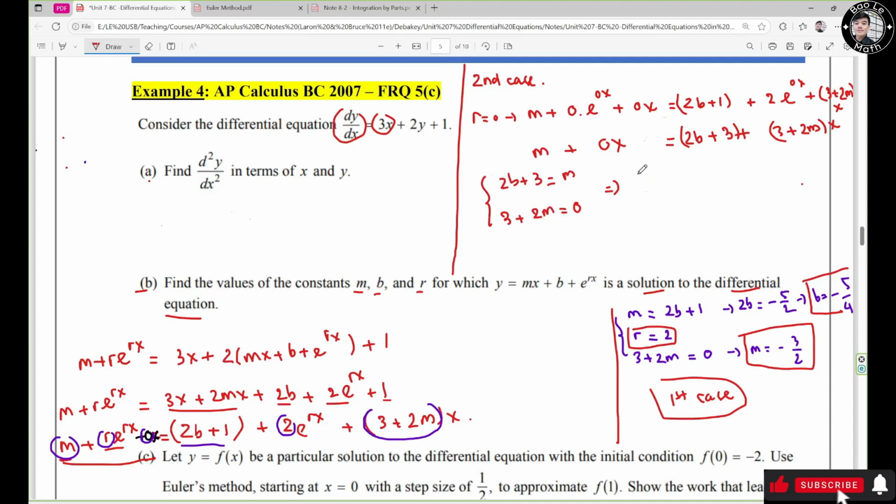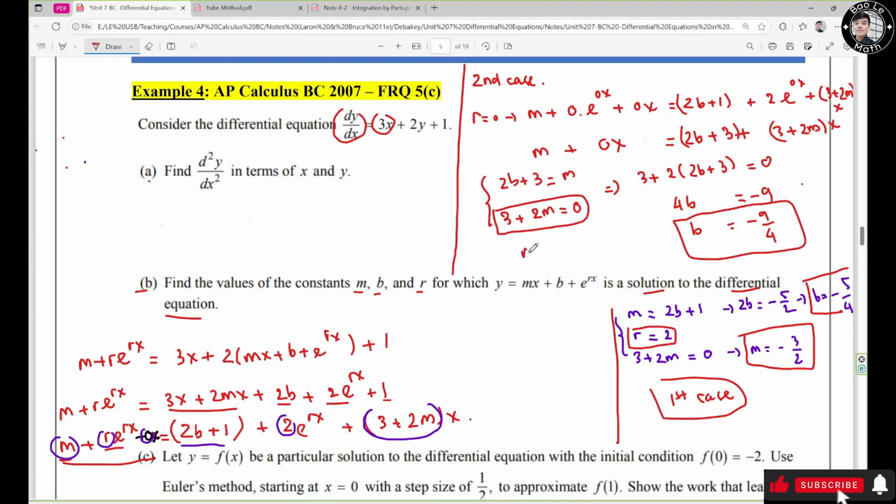So I have 3 plus 2 times 2b plus 3 equals 0, so it turns out to be 4b equals negative 9, so b equals negative 9 over 4. Now I'm going to use the second equation right here to solve for m. So m equals negative 3 over 2.